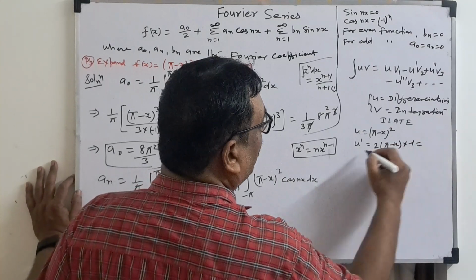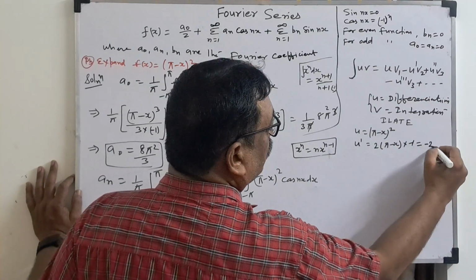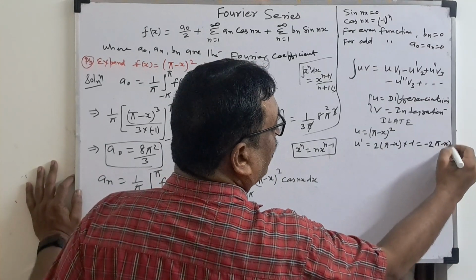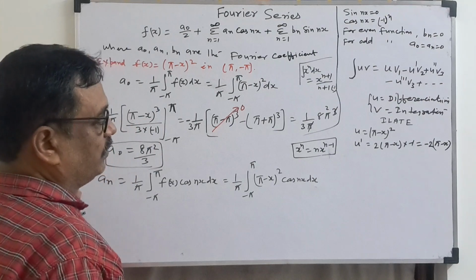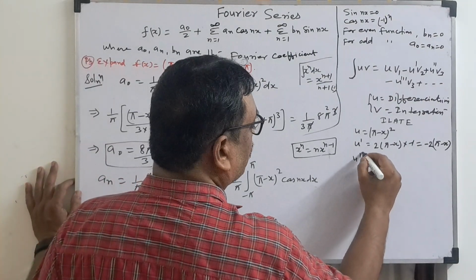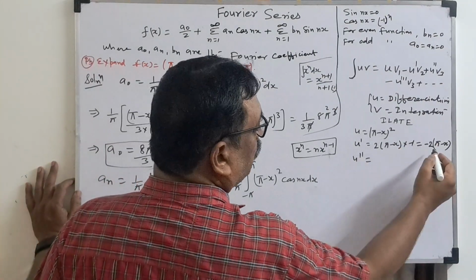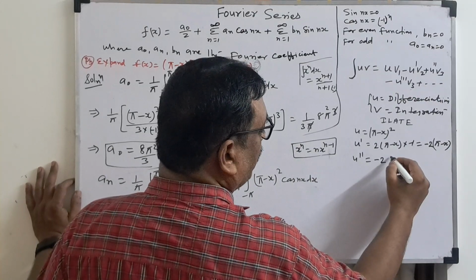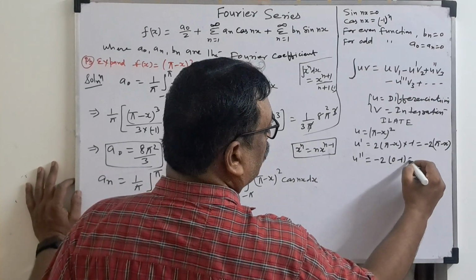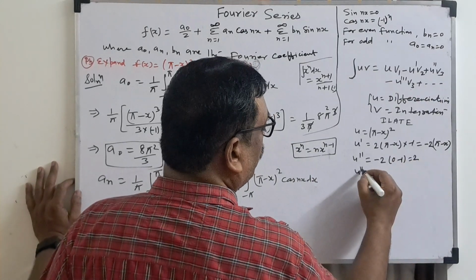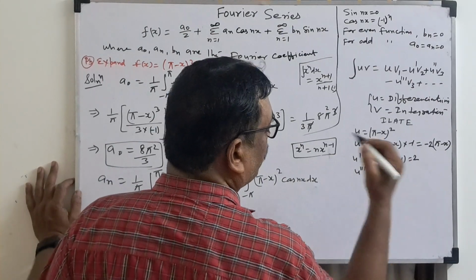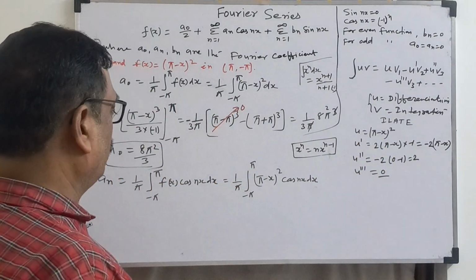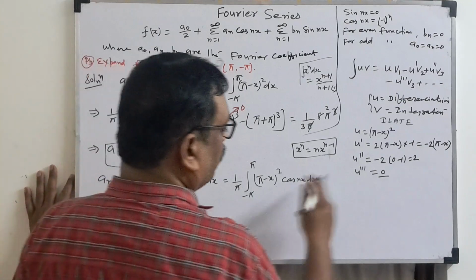So what will come finally? Minus 2 (pi minus x). Then u double dash: minus 2 into 0 minus 1, so finally will come 2. U triple dash, what will come? Constant differentiation is 0. I know this one now.